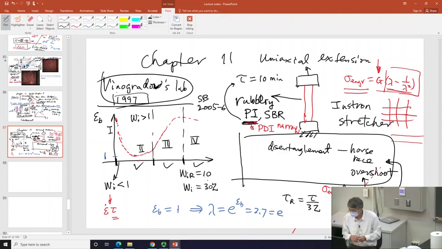So it's quite natural that the sample could, through the horse race, start to fail at one point. Once the failure starts to occur, there's no turning back. And what we learn is that the B over H kind of criteria does not exist in extension.